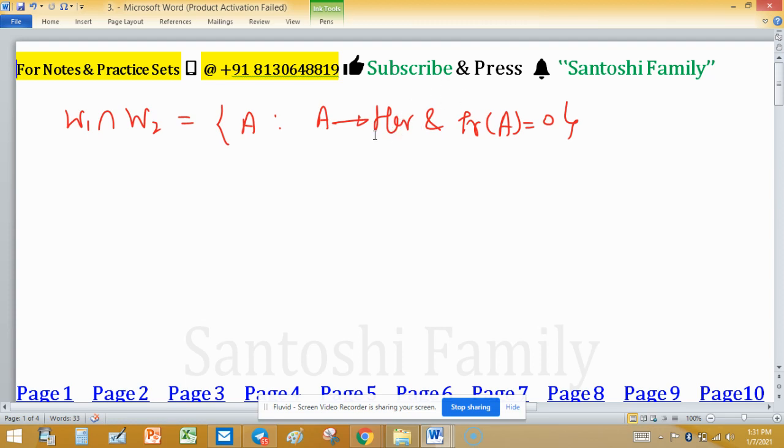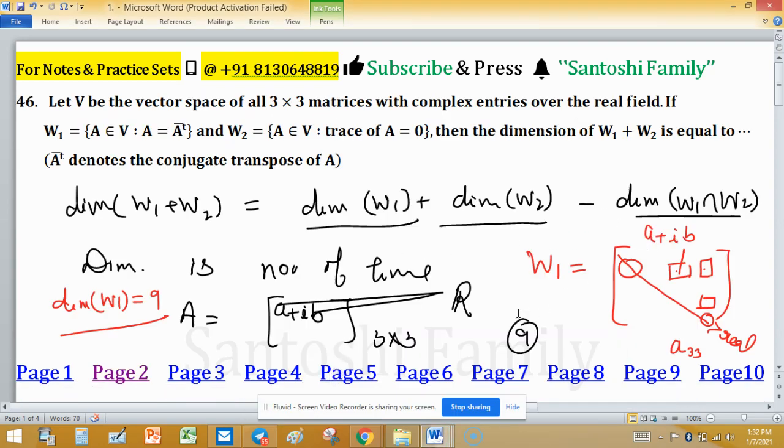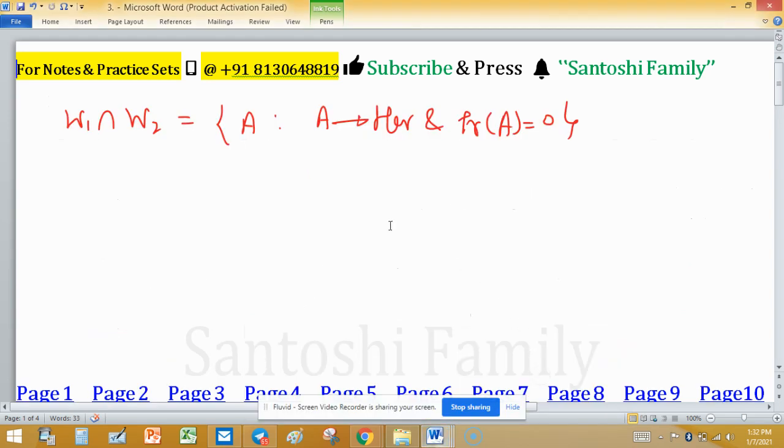For Hermitian we already know at how many positions we are free: 9 positions. So the dimension of the intersection will come out less than 9.